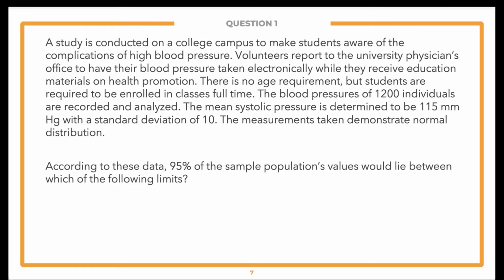The blood pressures of 1,200 individuals are recorded and analyzed. The mean systolic pressure is determined to be 115 with a standard deviation of 10. The measurements taken demonstrate normal distribution. So once again, the question: according to these data, 95% of the sample population's values would lie between which of the following limits?